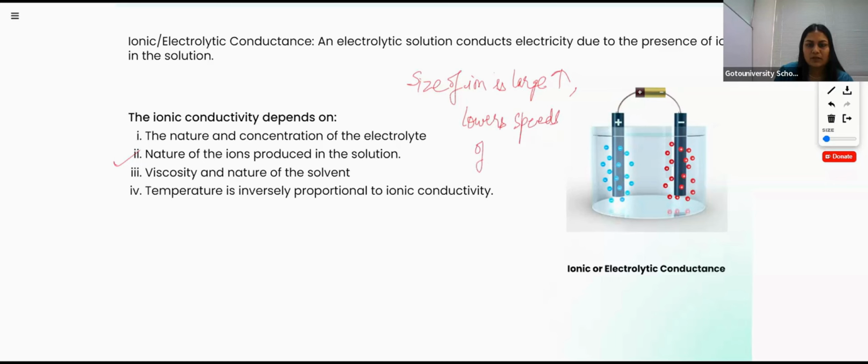It lowers the speed of conductivity. How? As the size of the ion is large, it will be hard for them to move in the other direction. So that is why the conductivity rate decreases.